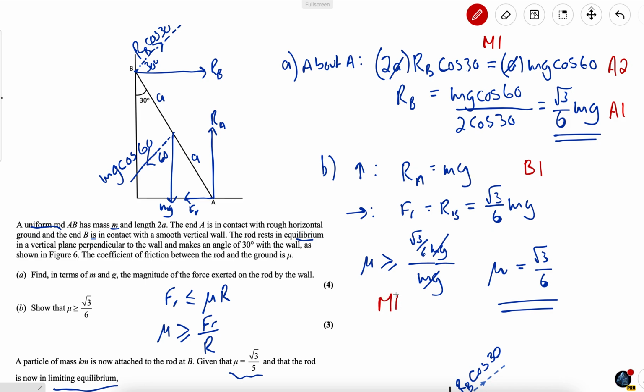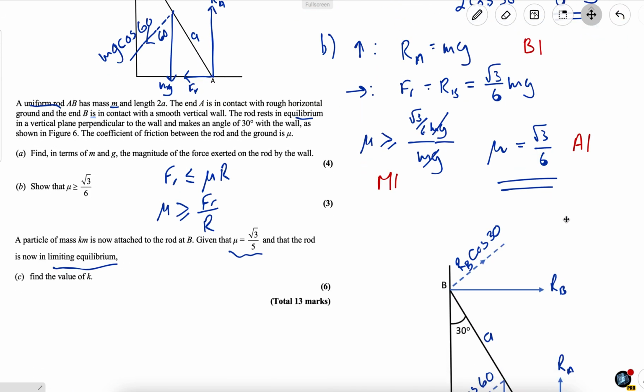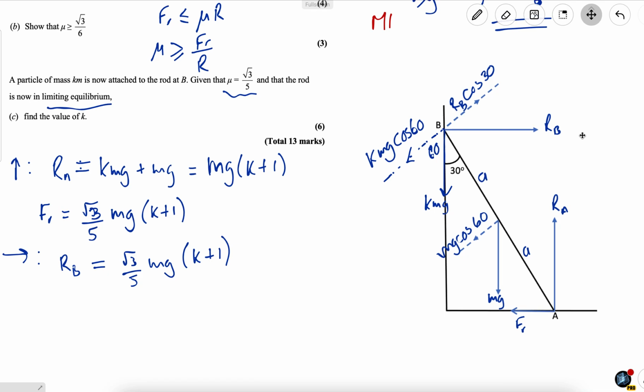And there's an accuracy mark for simplifying to root 3 over 6, but obviously you need to have had the working to lead up to that. What you're not allowed here is to write an equal sign for F equals mu R and then fudge it to an inequality, because that shows that you're not understanding that F could be less than or equal to mu R.